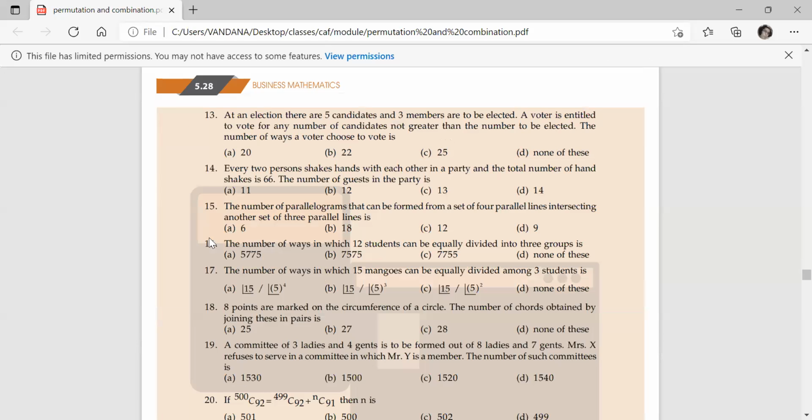13th sum. At an election, there are 5 candidates and 3 members are to be elected.